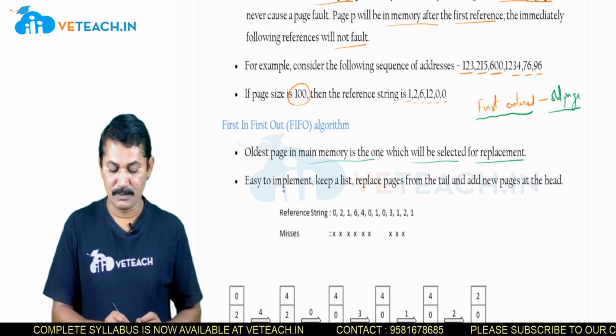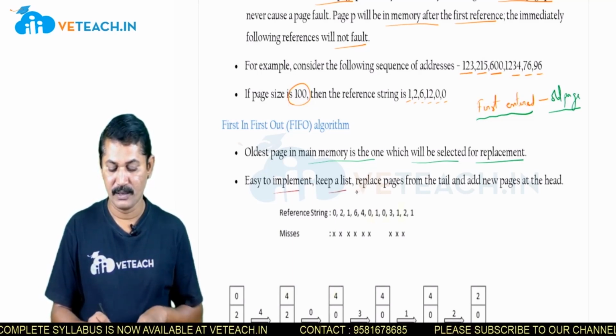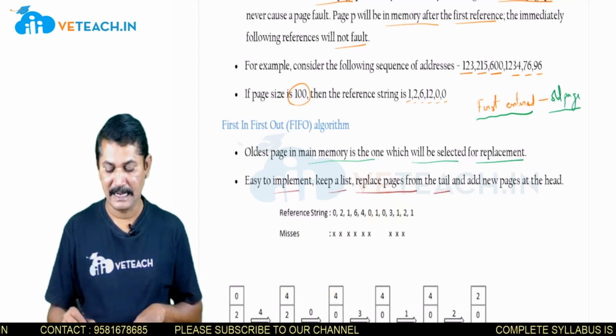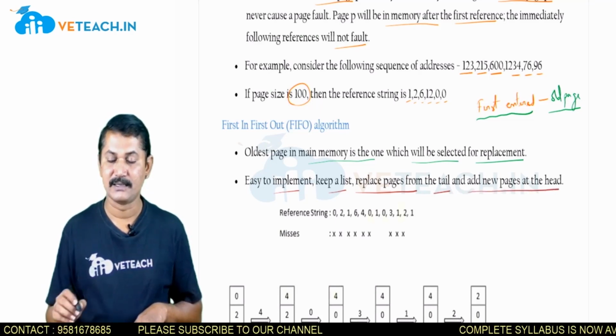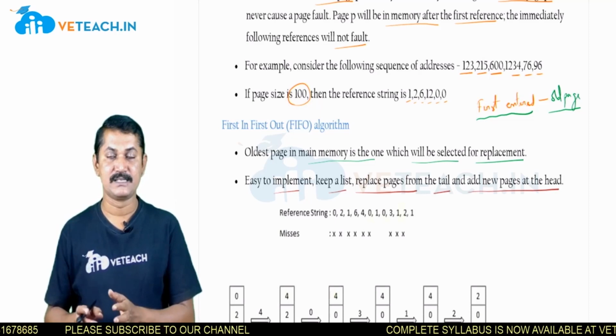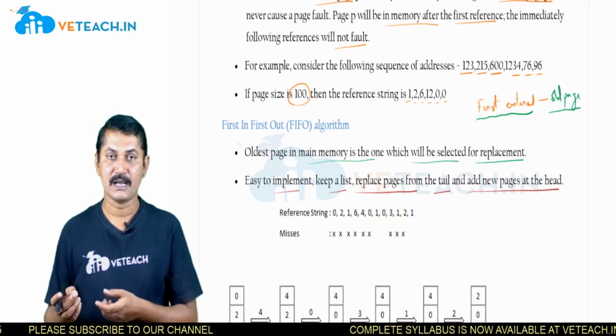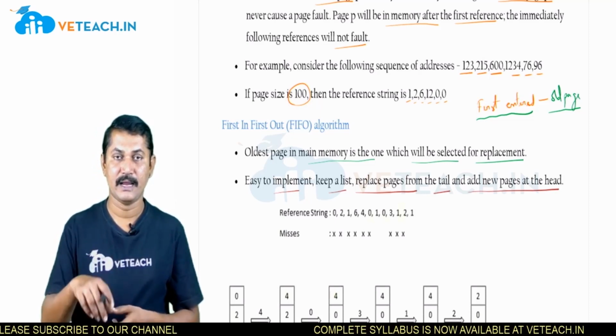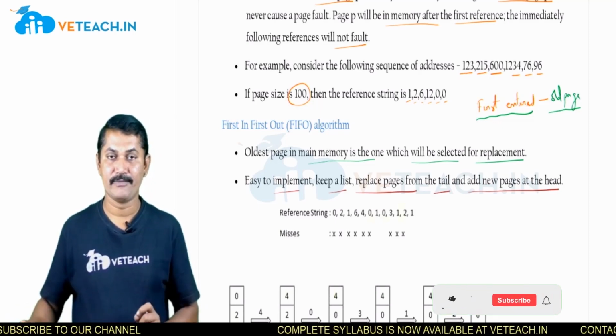It is easy to implement: keep a list of pages, replace pages from the tail, and add new pages at the head. That means already entered pages are referenced at the tail and new pages are placed at the head. This is called the FIFO algorithm.